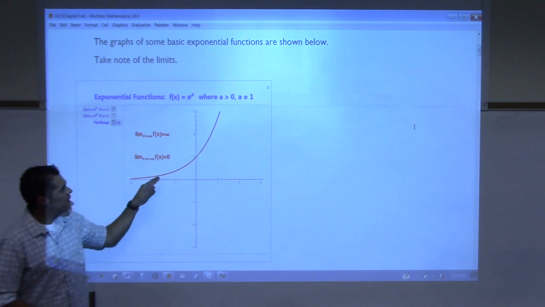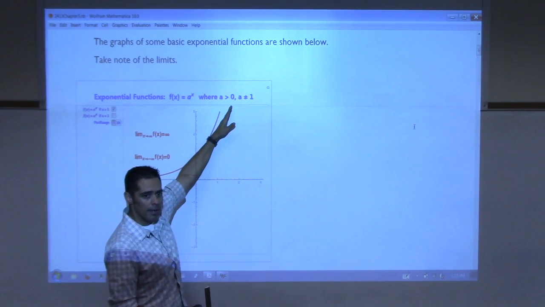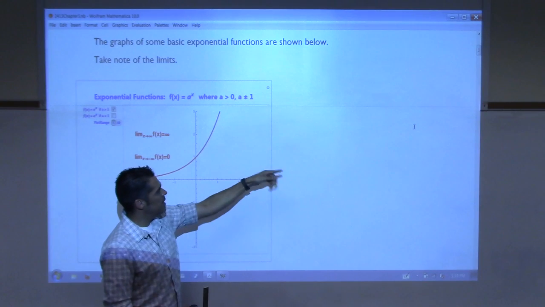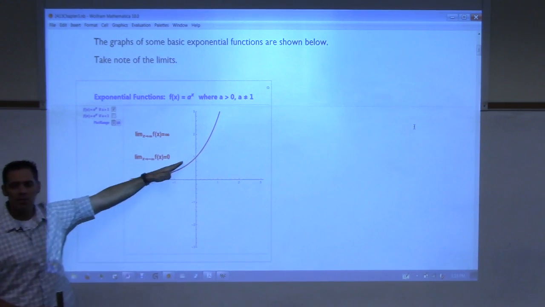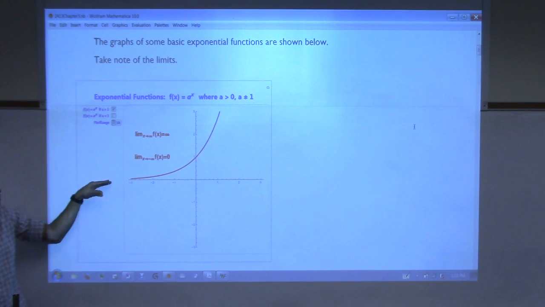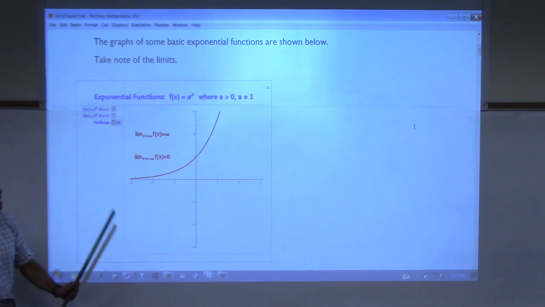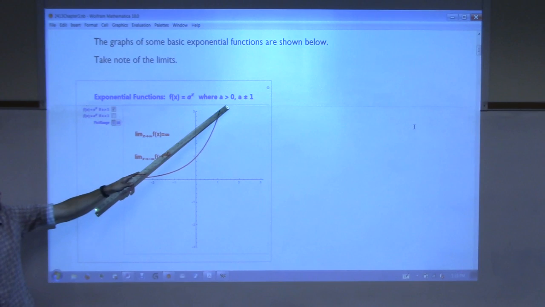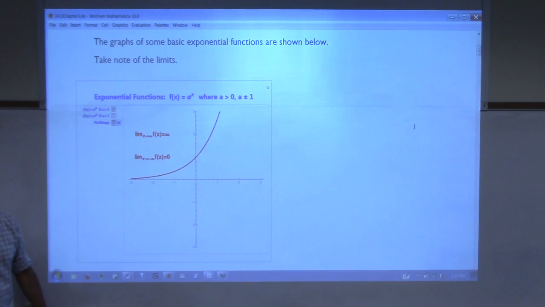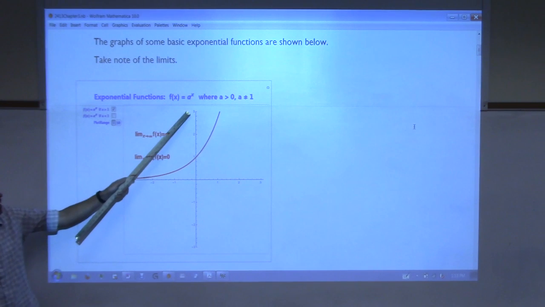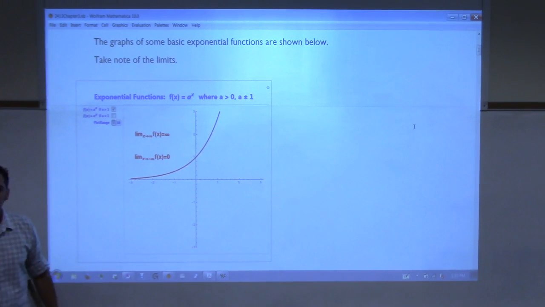So an exponential function will grow very rapidly, right? As you go out to infinity, the function goes up to infinity. As you go out to negative infinity, the function goes to 0. And that's what will happen if the base, is what we call that, is bigger than 1. Does anyone remember what happens if the base down here is like 1/2?